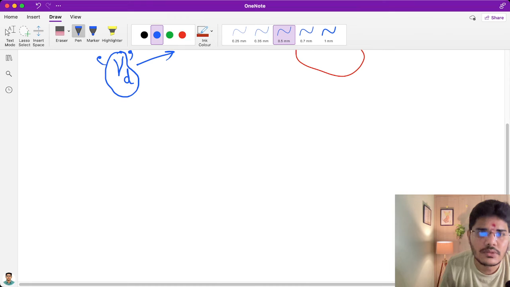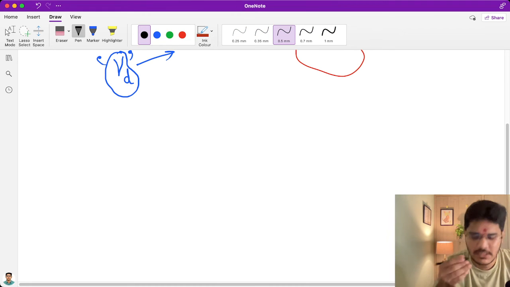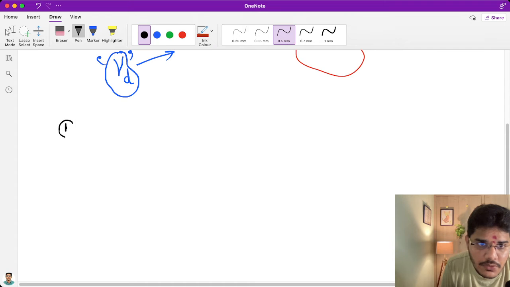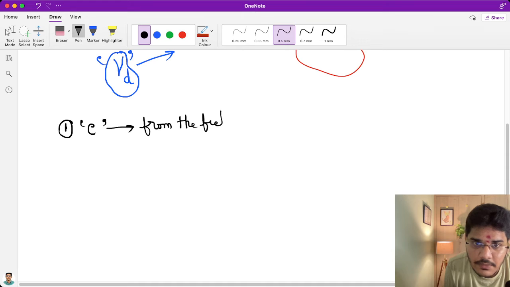So I'll write down the steps. Our main aim is to find out the void ratio from the field. For that, I will go to the field and measure the bulk unit weight.